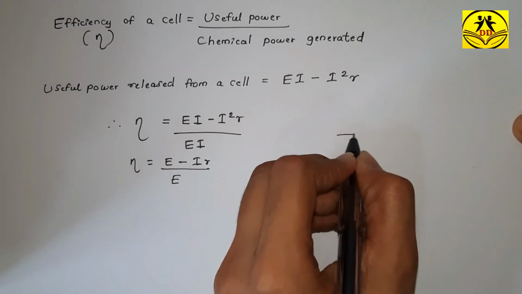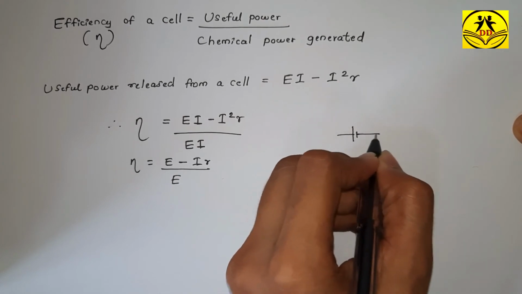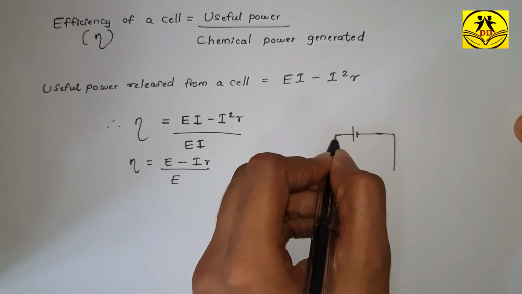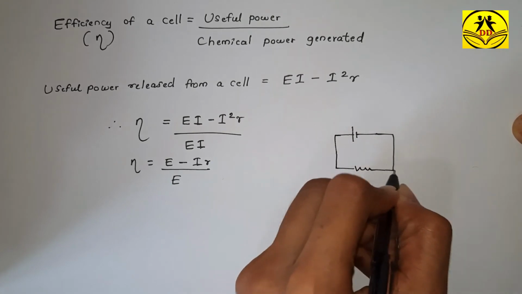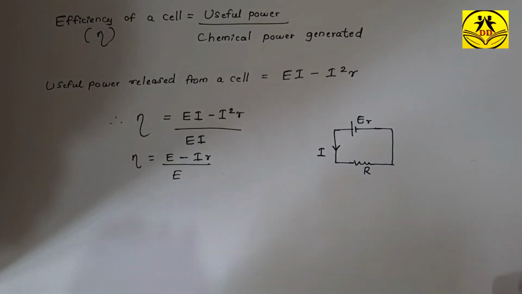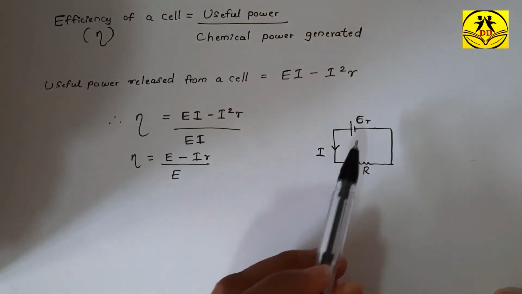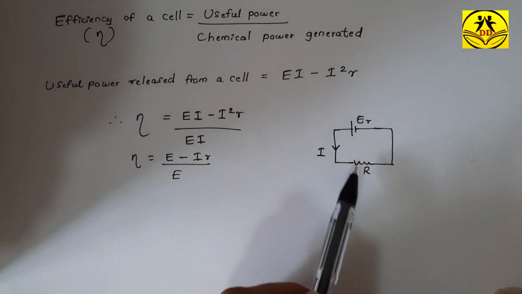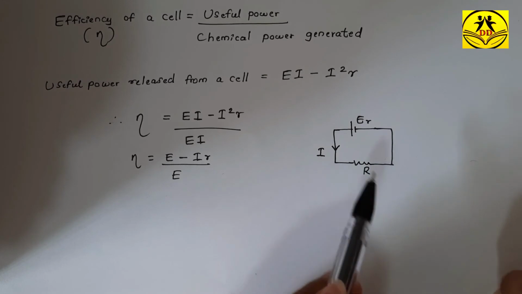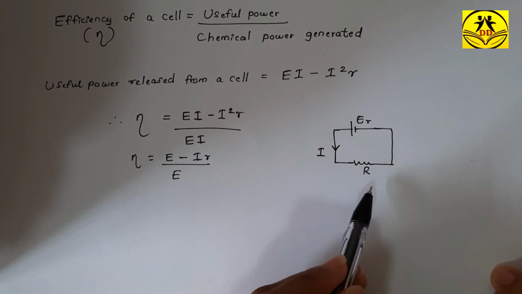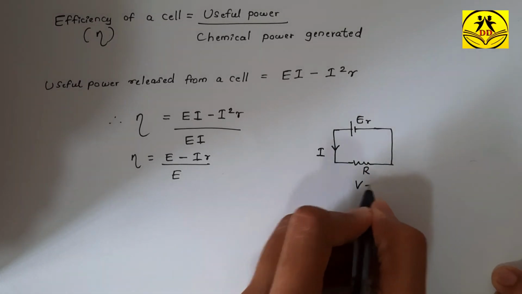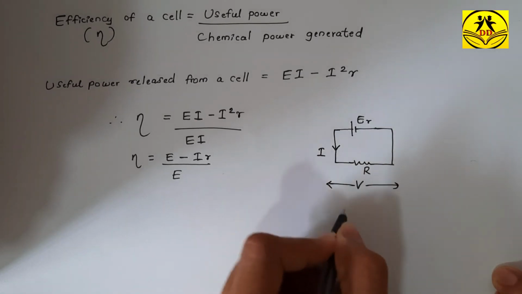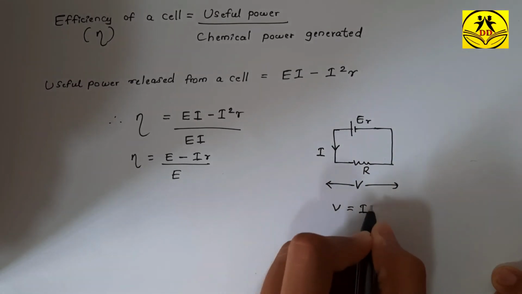Now consider a simple circuit like this. It has a resistor. So now you know this E minus Ir is equal to the potential difference across this external resistor. So what is it? V, if you write it as V is equal to IR.